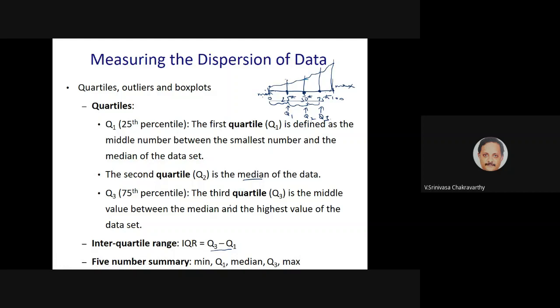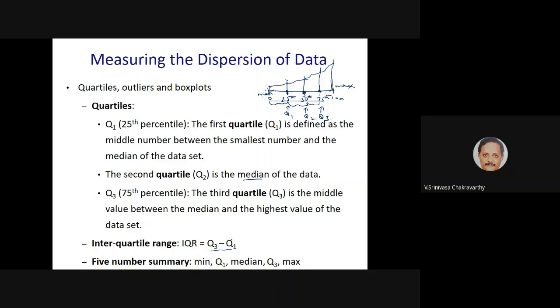Then you can talk about the interquartile range, where you take the difference between Q3 and Q1. That is the IQR, the interquartile range. With this, you can have a representation of the entire data set in terms of five numbers. This is one way to represent the entire data set and capture both the central tendency and the spread.